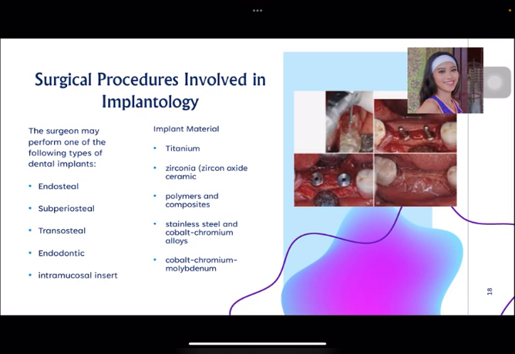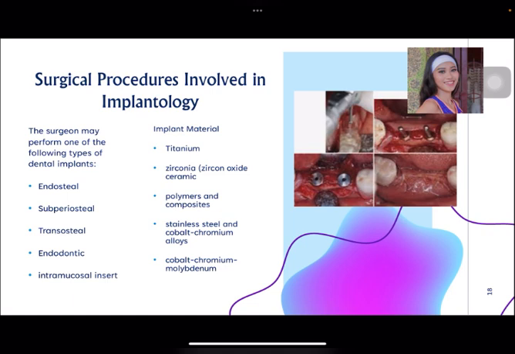The polymers and composite, these materials are sometimes used in temporary or provisional implants. They are lightweight and can be easily shaped, but they are not as durable as metal implants and are typically used as a temporary solution during the healing process.